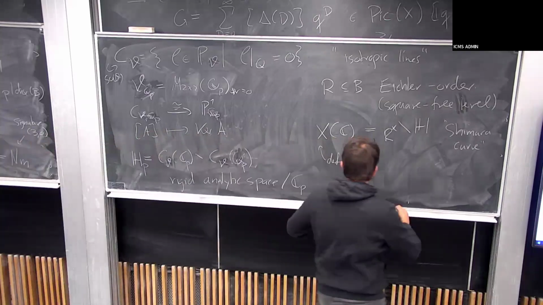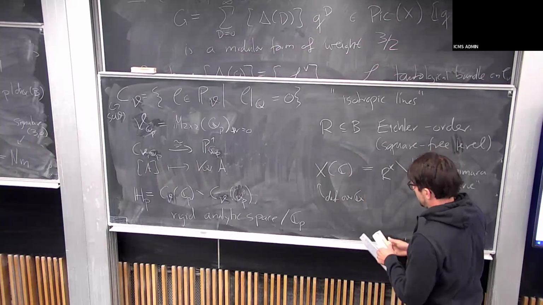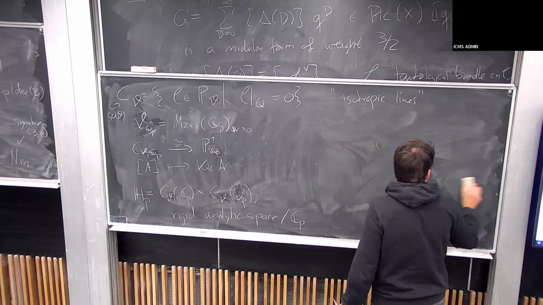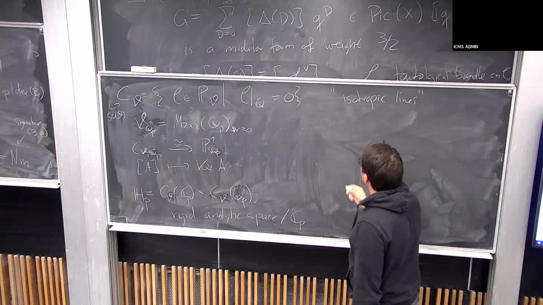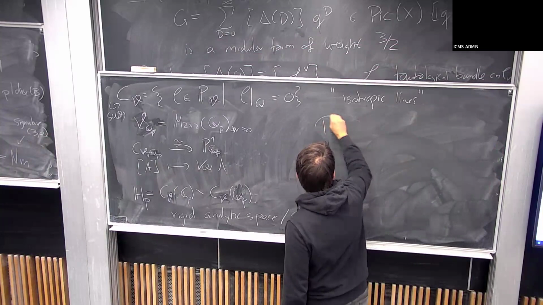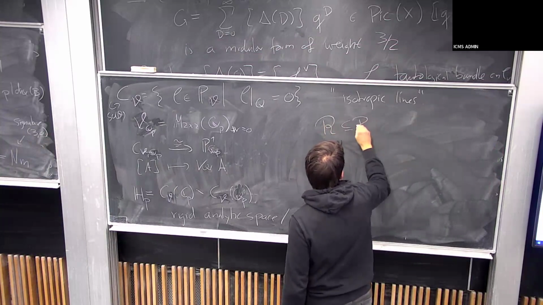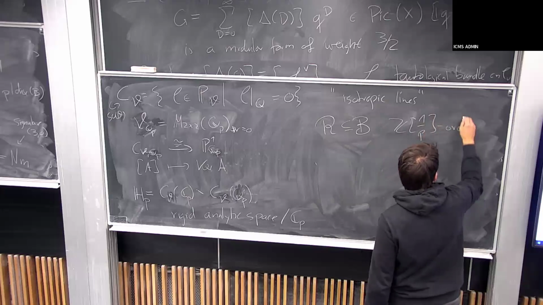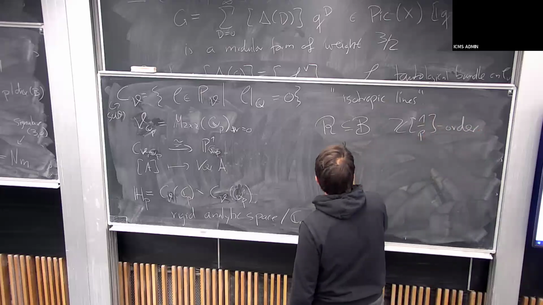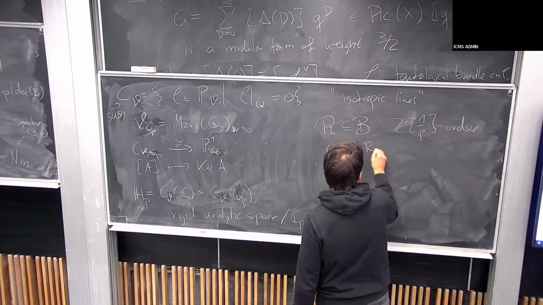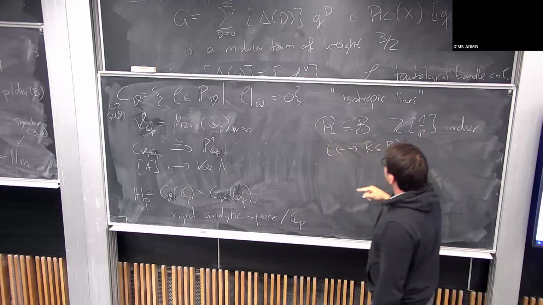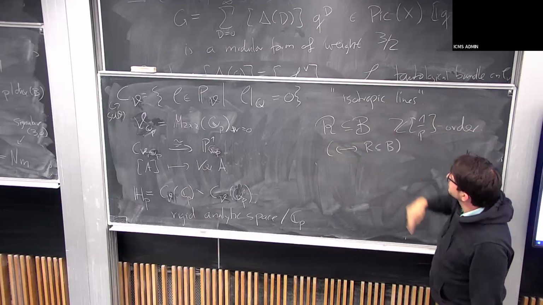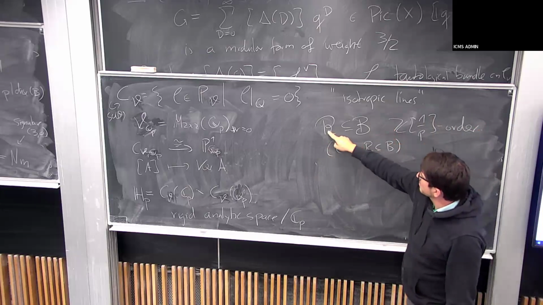And I can also pick some additional data. I pick some curly R in curly B, which is the 1 over P order that corresponds to my R. So if you take an isomorphism of B localized at some prime away from P with this curly B, then I want that this order matches this.